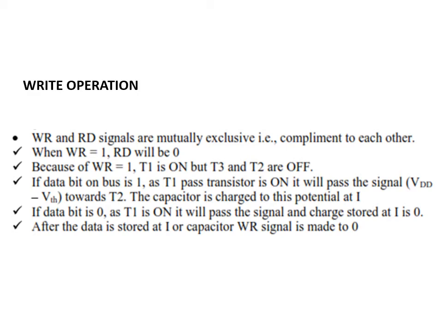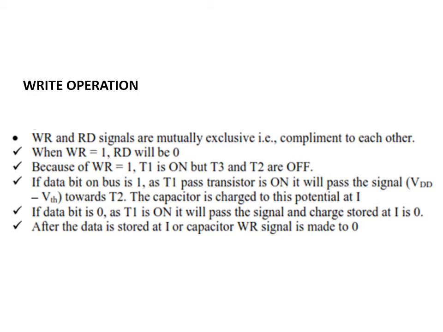Okay, so here the explanation is given. Read and write are mutually exclusive, that is, they are complement to each other. For write operation, write pin has to be 1 and the read has to be 0. Because write is equal to 1, T1 is in on state, but T3 and T2 are in off state.